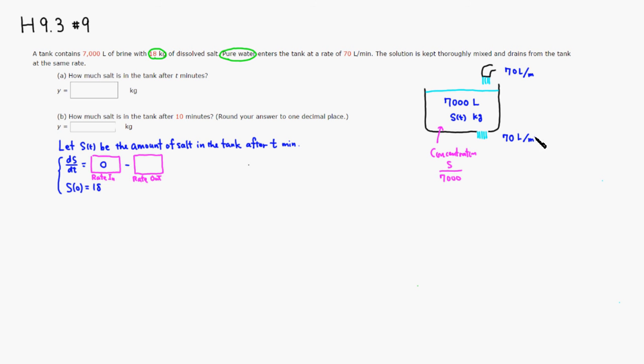So the amount of salt going out is S over 7,000, that's the concentration, times 70 liters per minute. This is kilograms per minute. We can simplify: the 70 cancels out, so it's S over 100.